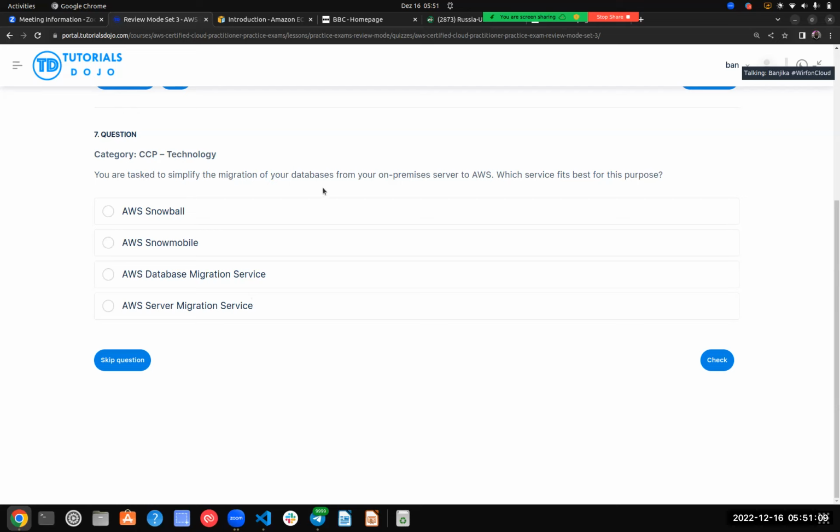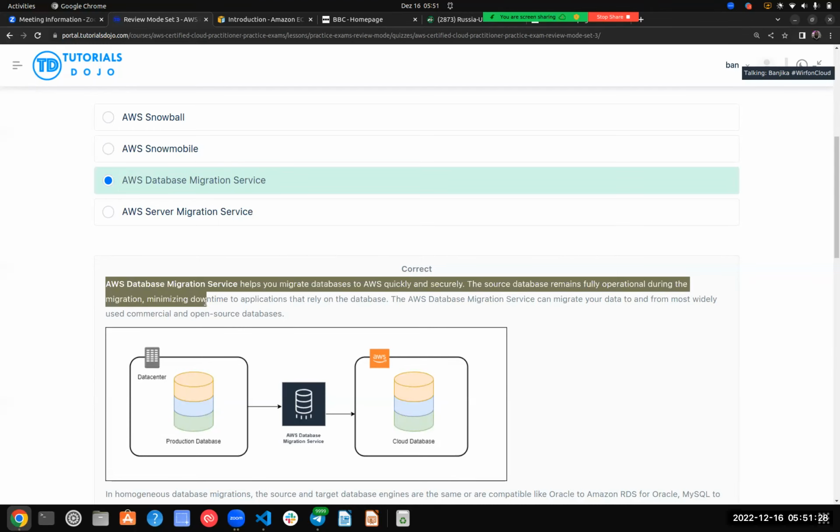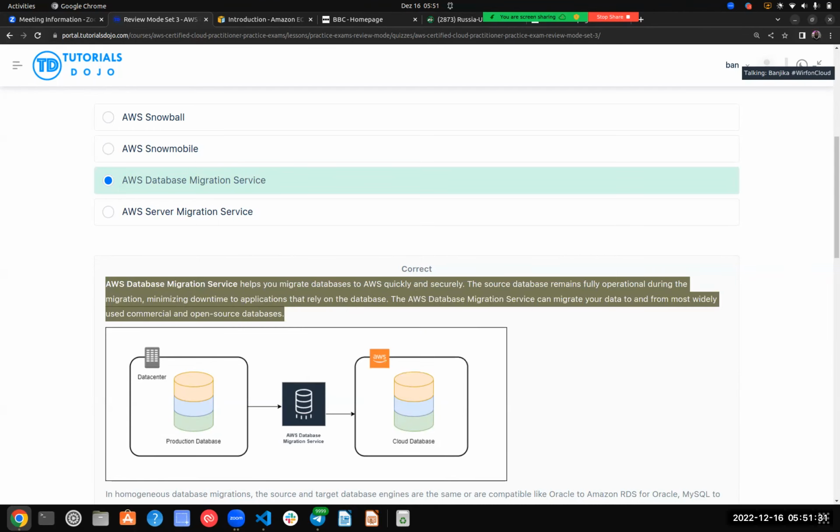Might simplify the migration of your database from on-premises to AWS. Okay, any thought? I support. Okay, that's fine. Let's check and see. Yeah, that's what that service is all about, right? In case anyone is doubting, just put it on chat.